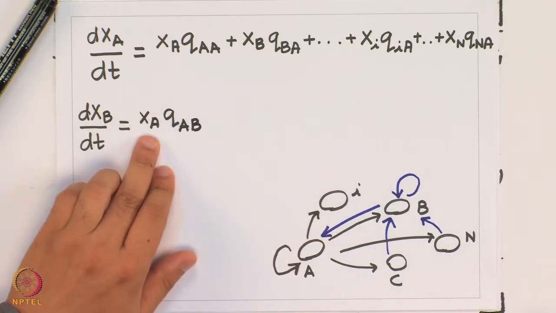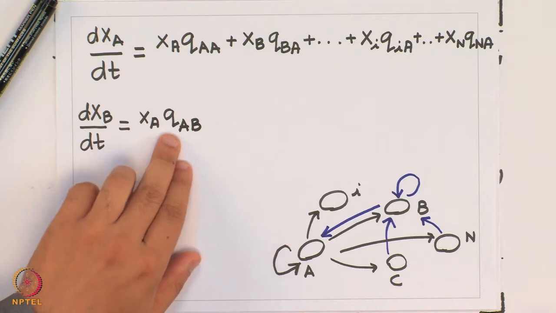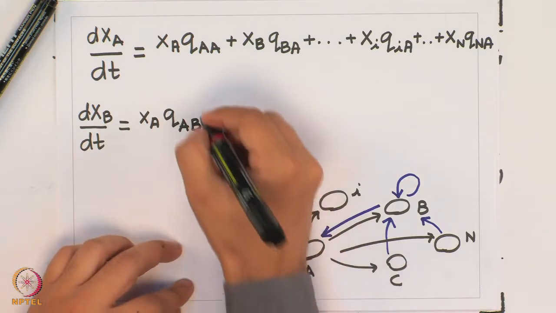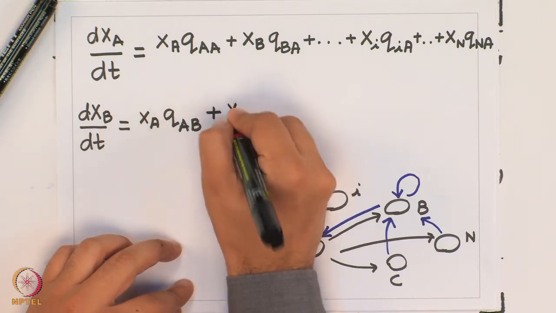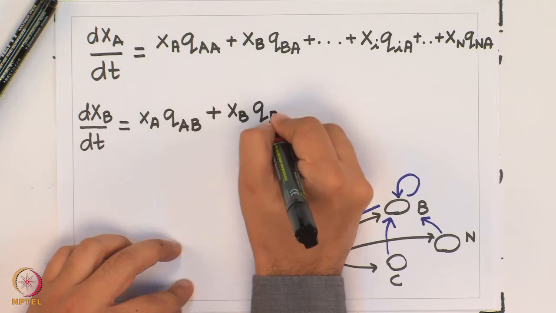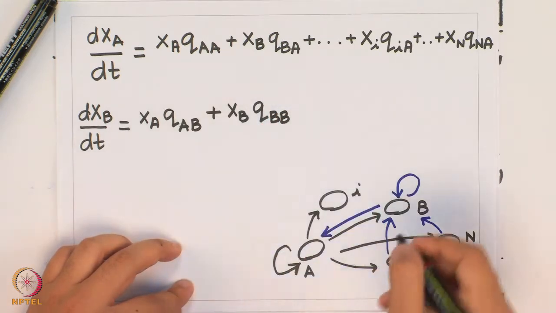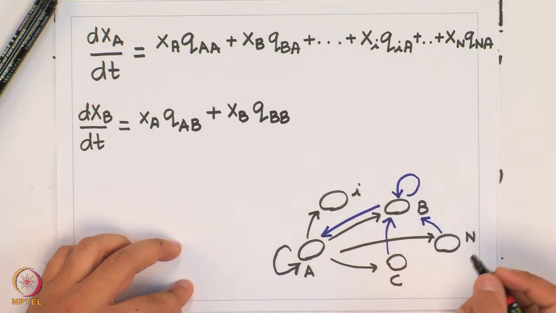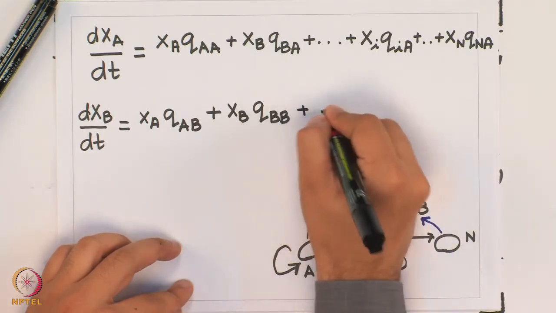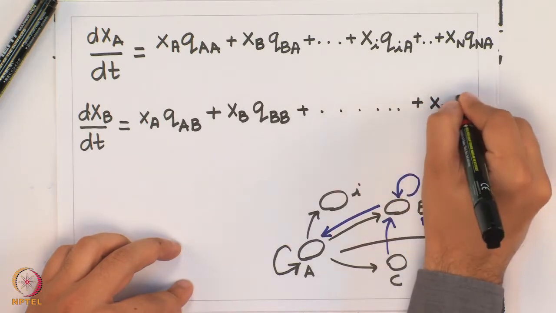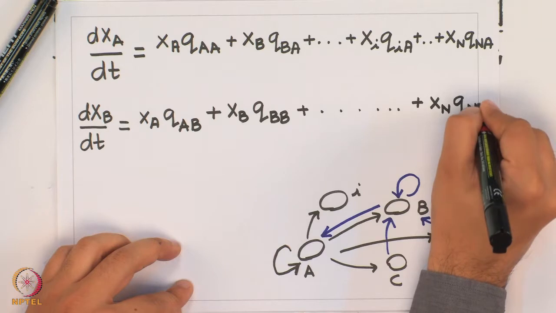That is, the frequency of genotype A times the probability that when A divides, the progeny belongs to genotype B, plus XB times QBB. This represents this arrow where B divides and the progeny also belongs to genotype B, and again going all the way up to XN times QNB.